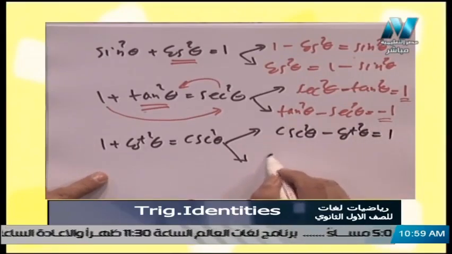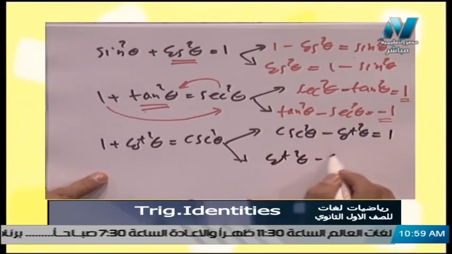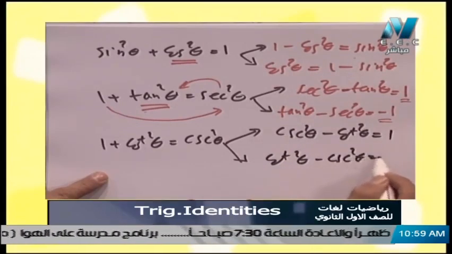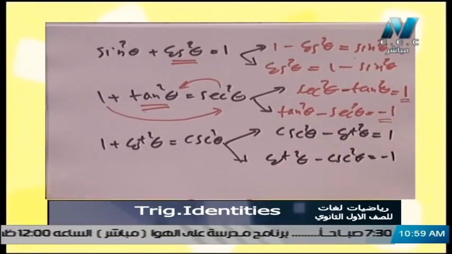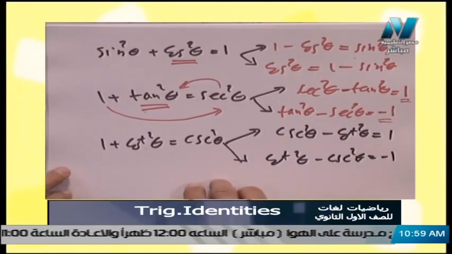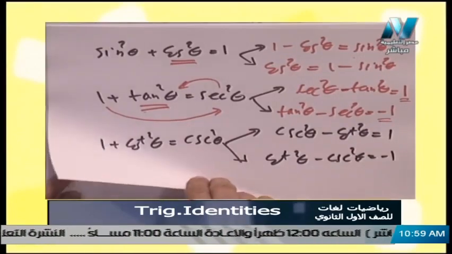And of course, cotan power 2 theta minus cosec power 2 theta equals negative 1. Okay? It's very important, my dear students, for you to keep all this in mind, because if you have them in mind, you can act with the proof which we'll study here.